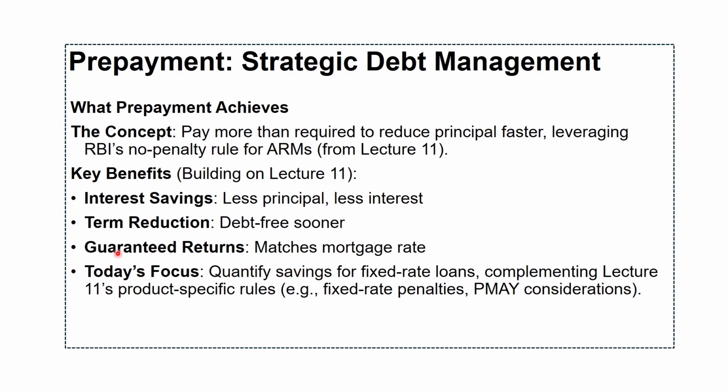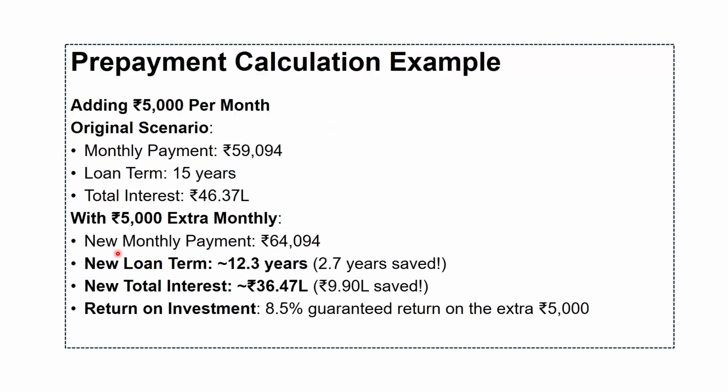And if you think about it, there is a suggestion: consider the long term saving versus penalty cost. Then we move to prepayment calculation examples.